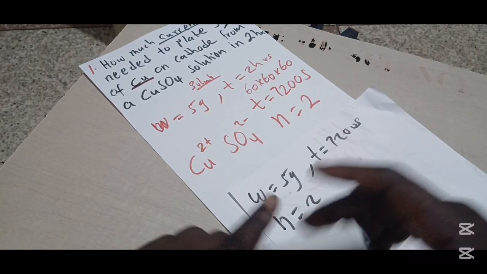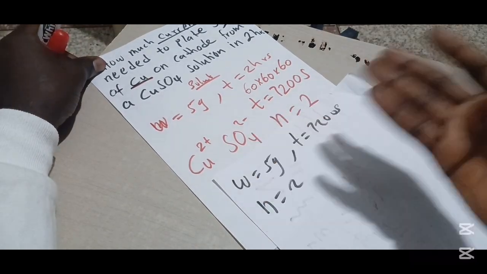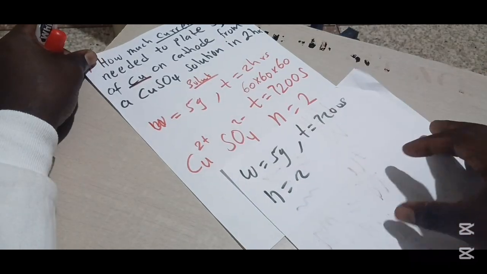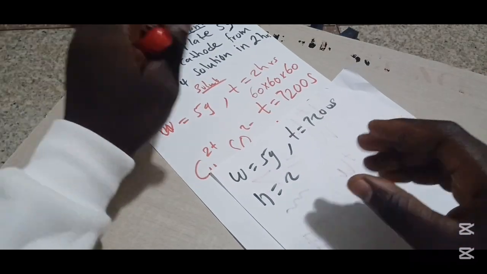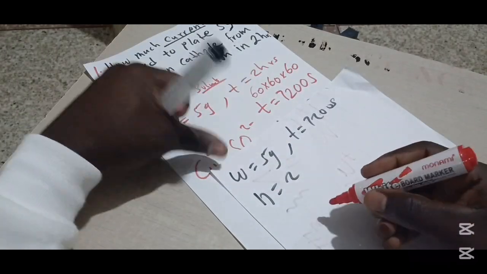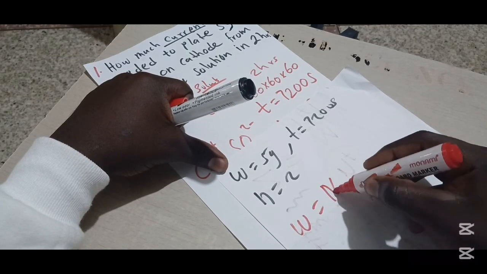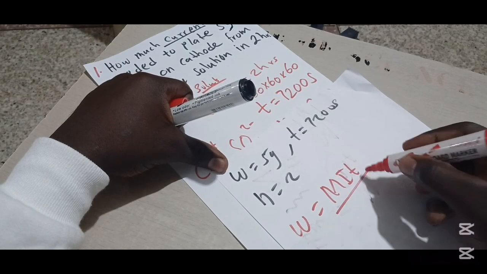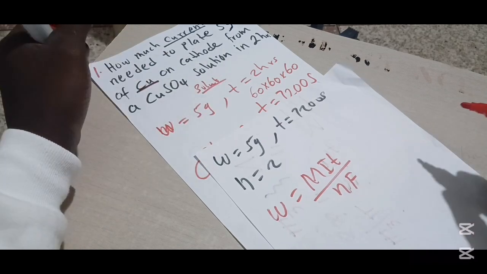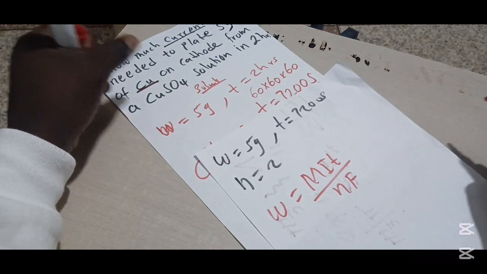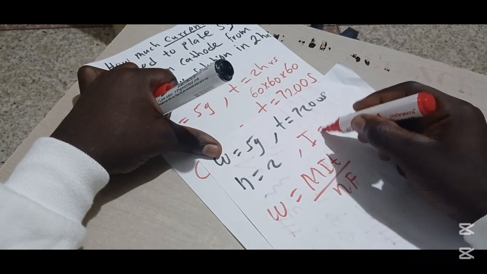What formula are we going to use? We are talking about mass here, time, and then n factor. Let's try recalling our formulas. If you check well, you could see that our formula W = MIt/nF can help us solve this problem. And we are looking for current.